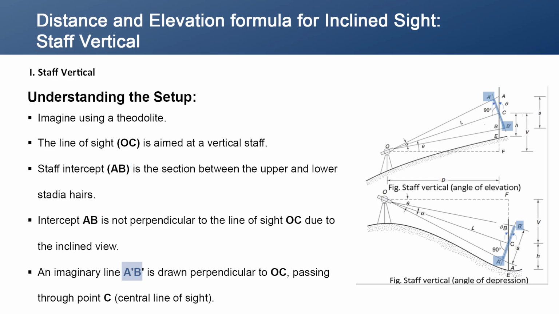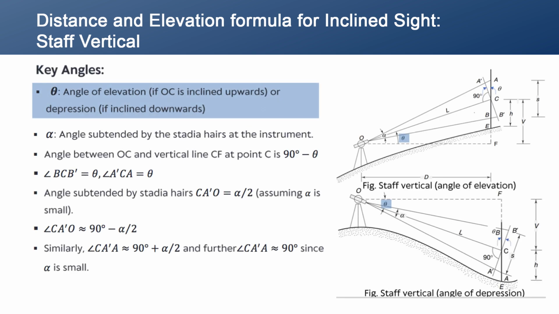To make sense of the setup, we draw an imaginary line A'B' perpendicular to OC passing through the point C, where the central line of sight intersects the staff. Let's also define some key angles.